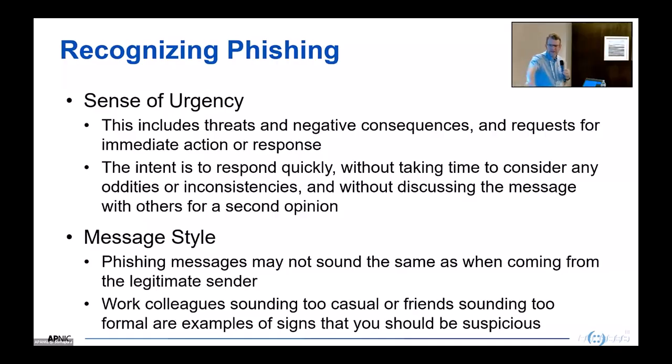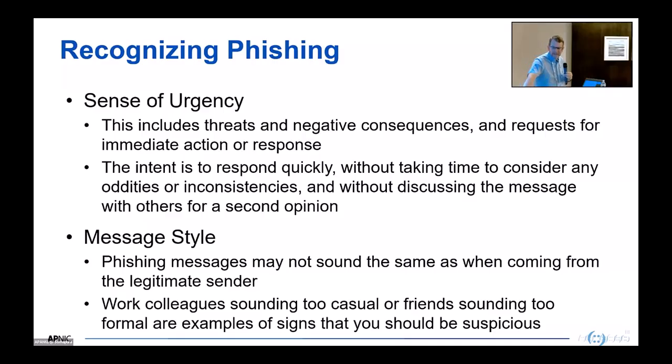Phishing's message style. Phishing messages may not sound the same as when they come from a legitimate sender. They may have different tonality. They may talk differently. Going back to those messages pretending to be Duncan, the CEO, that wasn't the way he wrote messages. You could tell it was a bit of an English as a second language, and it also wasn't the words that he would typically use for things.